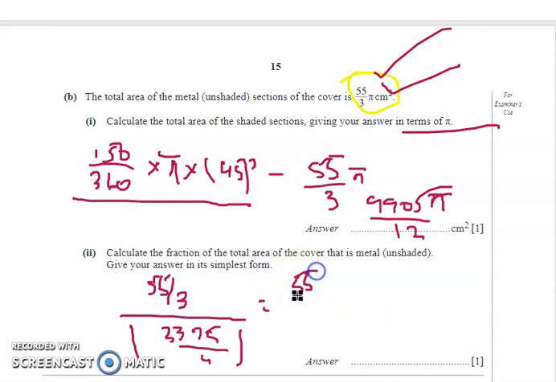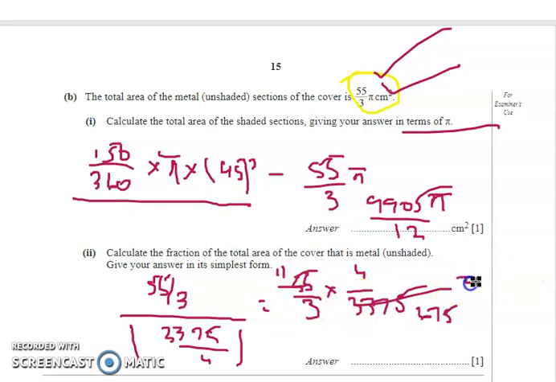So 55 upon 3 multiplied by, this is dividing 3375 upon 4, so we will flip it, 4 upon 3375. These both go in the table of 5. This is 675.